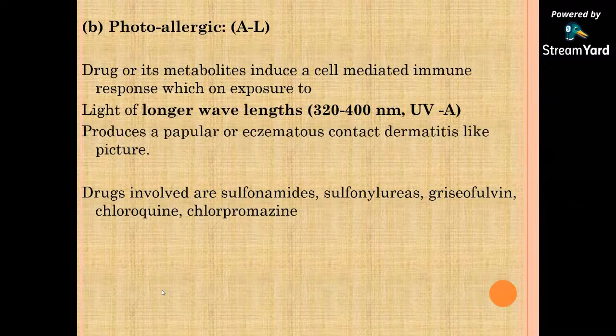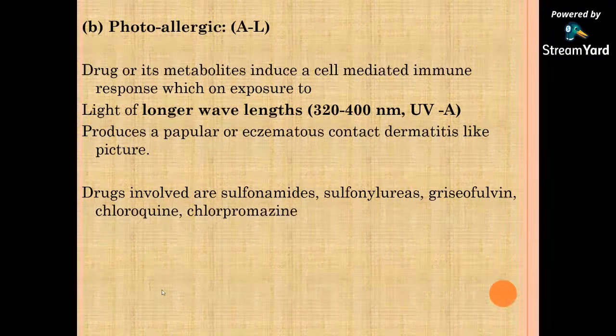Then the second type is the photoallergic reaction. The drug or its metabolites induce a cell-mediated immune response, which on exposure to light of longer wavelength, that is from 320 to 400 nanometer, reacts. So in photoallergic, what happens? The cell mediated reaction is induced by the metabolite of the drug.